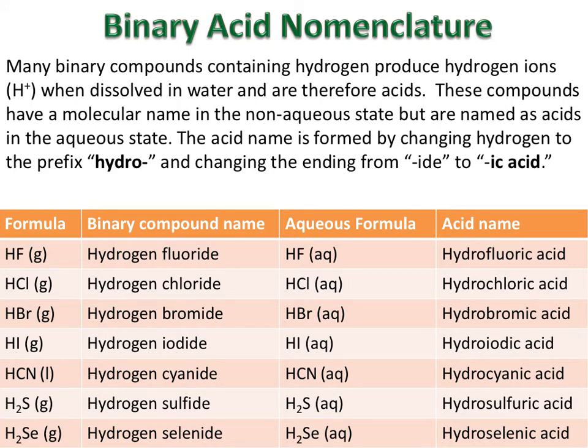Many of the hydrogen compounds, when mixed with water, will make acids. And when they're dissolved in water, they release a hydrogen, which is the reason they become acids. In their non-aqueous state, that is typically as a gas, sometimes as a liquid, we will name them using our binary molecular nomenclature. So HF, for example, when it has a G next to it, gas, is hydrogen fluoride.